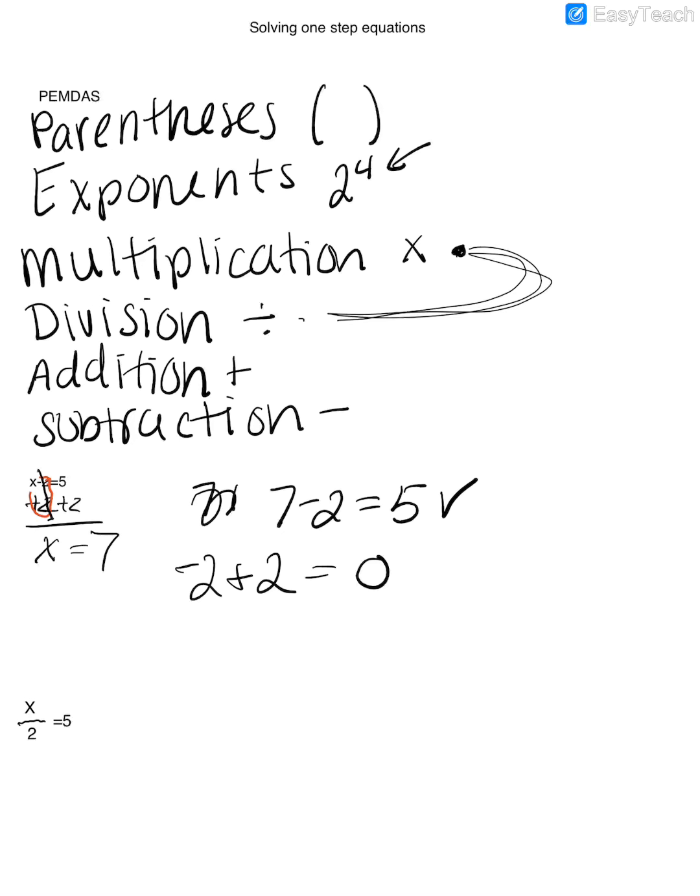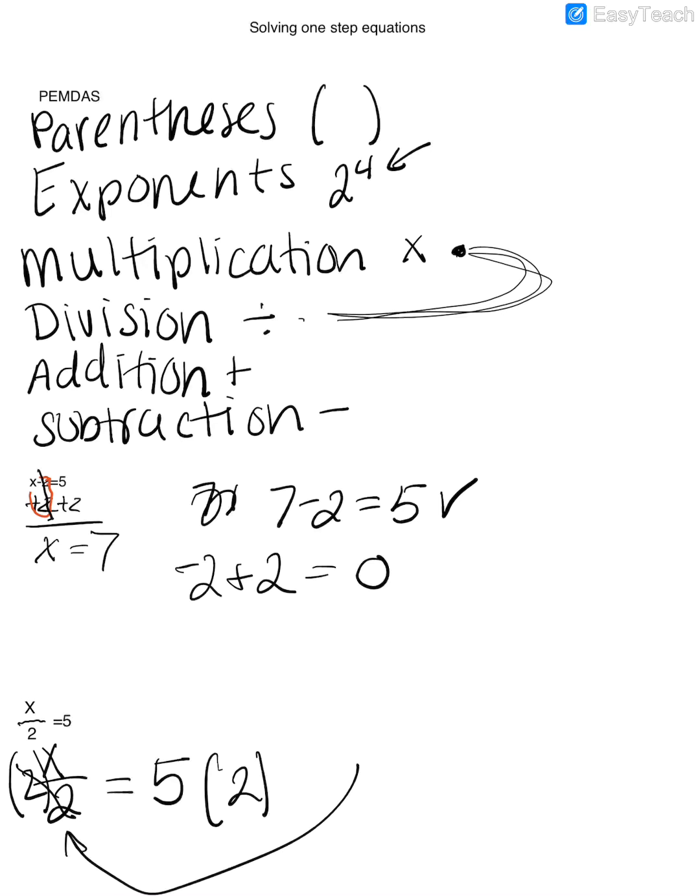But let's see what I would do first. We have x divided by 2 equals 5. And we're going to actually multiply both sides by 2. And then these will cancel. Okay, and let's take a deeper look at that.